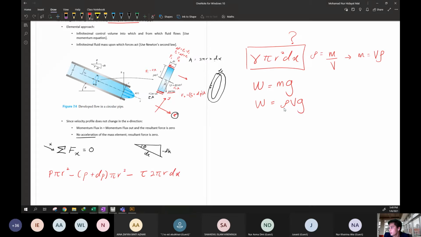Okay, gamma. What is the formula of gamma? Rho times g. Can we replace rho g with gamma? Yes, weight equals gamma multiplied with volume. This is the symbol of volume. So where is the volume? This is the volume.